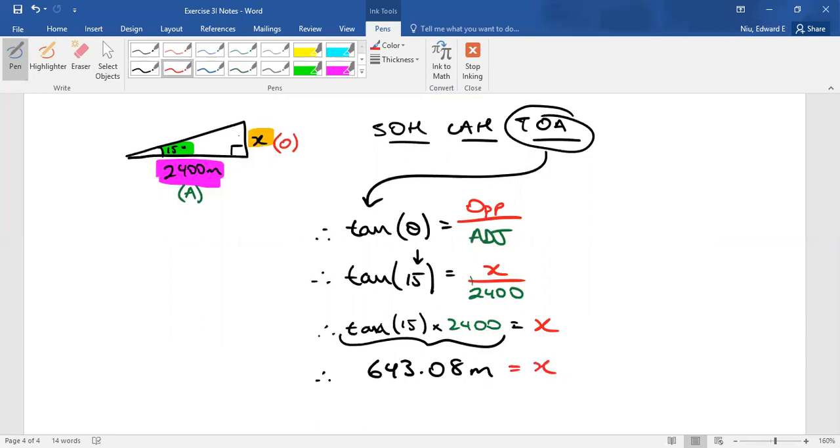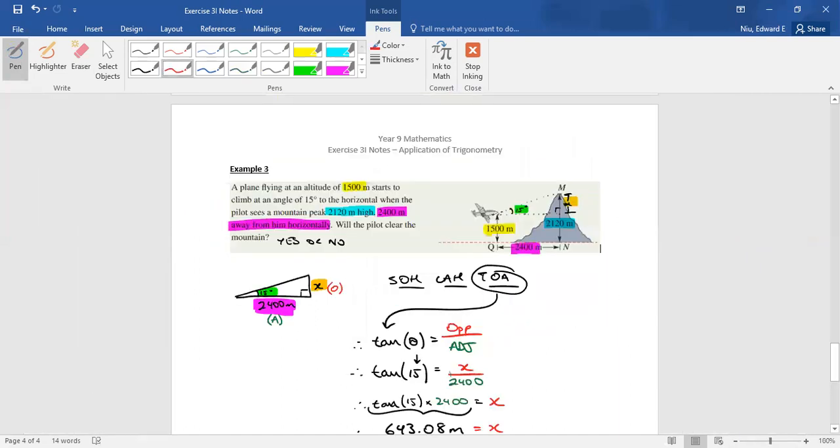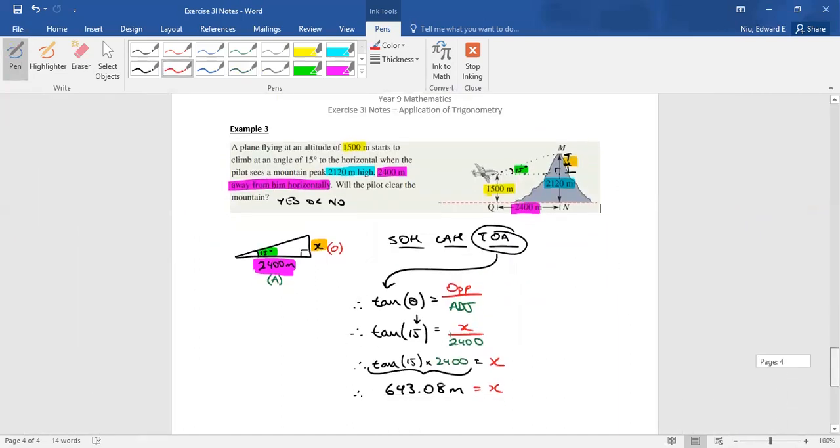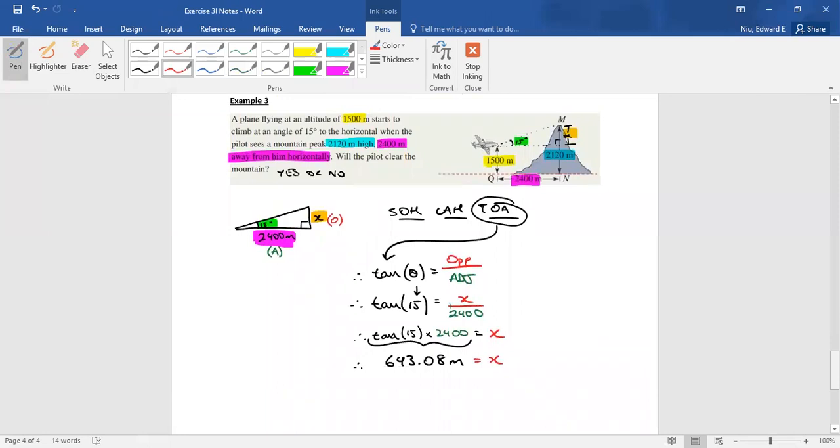Let's take a look back at our diagram though. How far off is the pilot from the peak of the mountain?